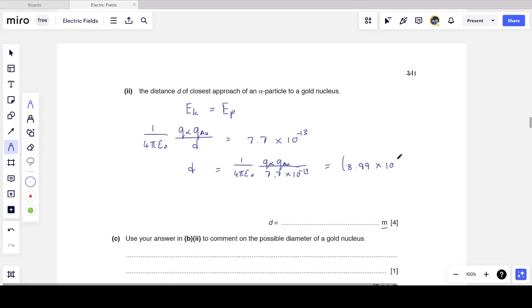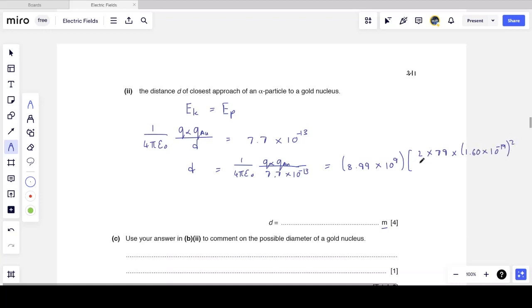So remember, 1 over 4 pi epsilon naught, we said before, was 8.99 times 10 to the 9. Saves time from having to write 1 divided by 4 pi times 8.85 times 10 to the minus 12. We can remember the entire fraction because it's a constant. And we multiply this by 2 times 79 times the elementary charge, 1.6 times 10 to the minus 19.